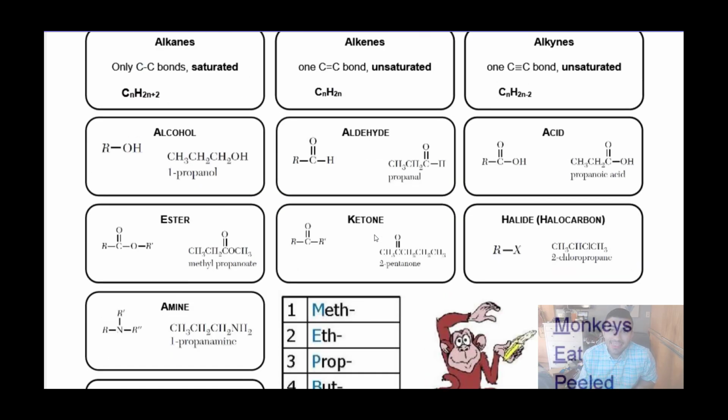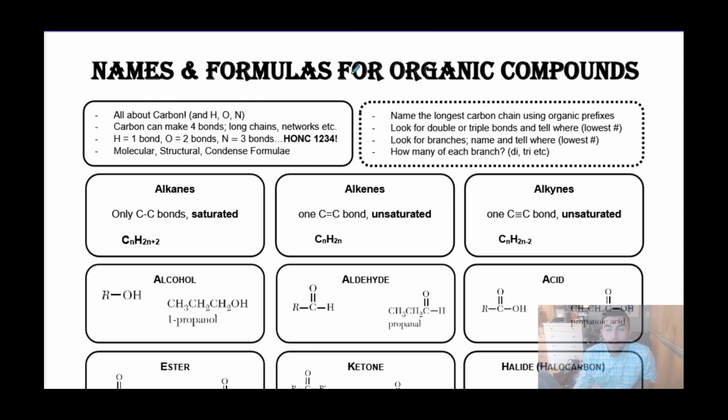And the common theme for naming organic compounds is we're looking for the longest carbon chain, and we use the prefixes to name that chain. We're going to look for double or triple bonds if it's an alkane, alkene, or alkyne, and we're going to number where the double or triple bond is in the name. We're going to look for branches, and we're going to name and tell where those branches are using lowest numbers.